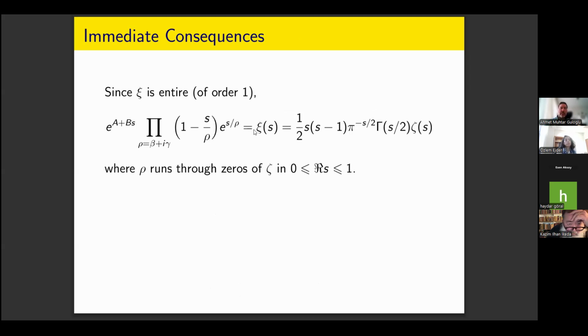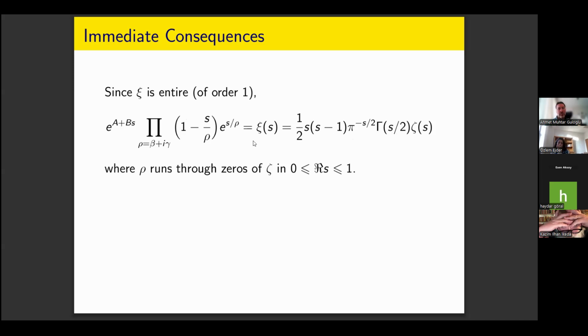Then you look at the theory of entire functions from the complex analysis perspective, and you realize that this entire function has order 1. Therefore, it has a Hadamard factorization given by this. And you see there are zeros of this function here. And when you look at the right-hand side, none of these factors are 0 except s equals 0 and s equals 1.